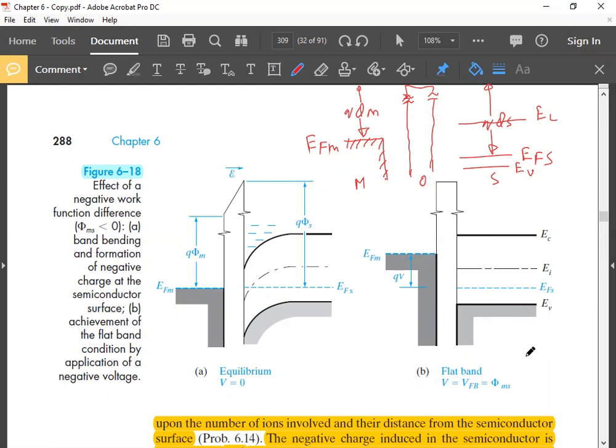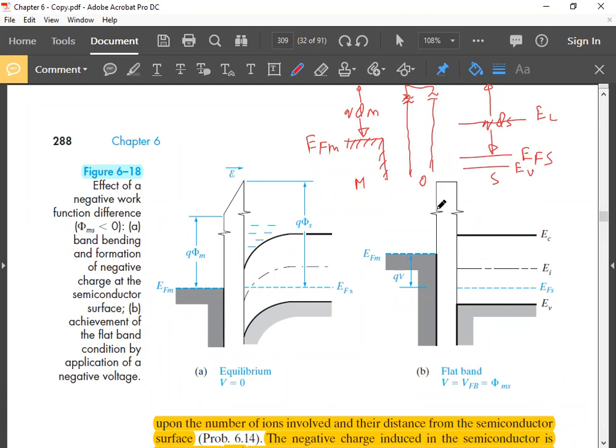So now think about depletion or accumulation. You want to achieve accumulation. So what do you have to do? This voltage is already there. In addition to that, you apply a negative voltage here, positive voltage here. So what will happen?